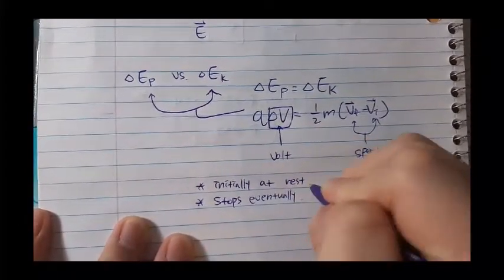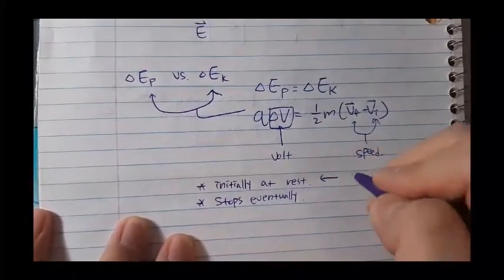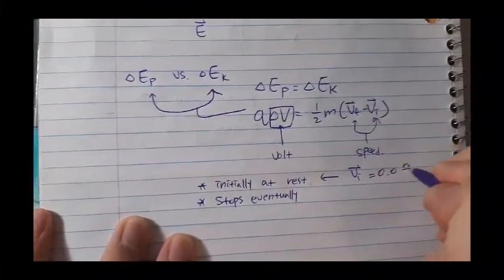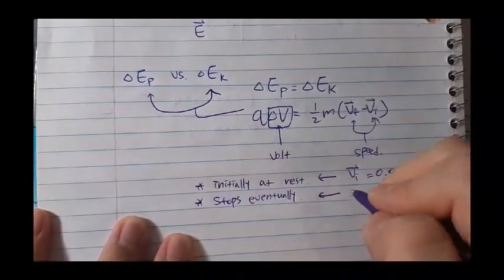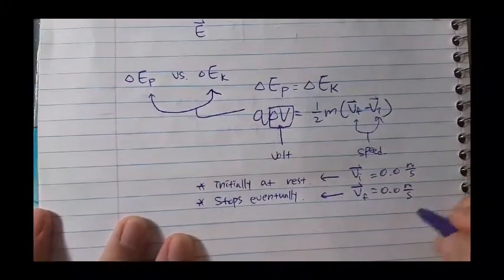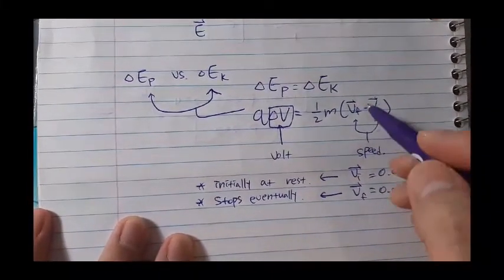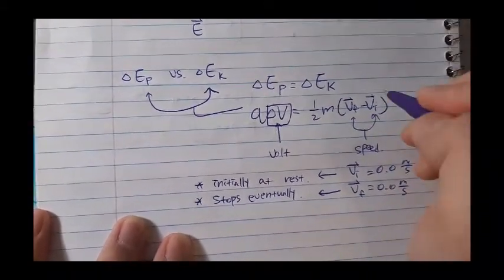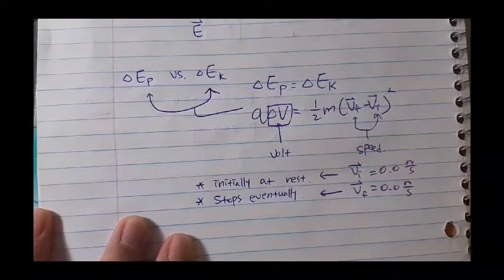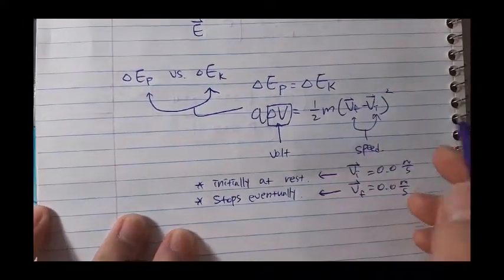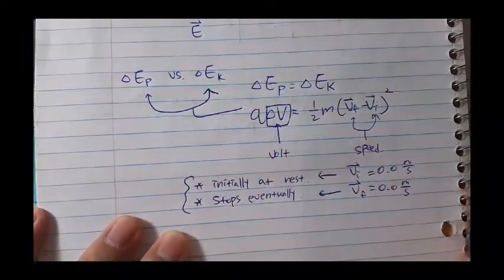I look at these types of clues in detail because initially at rest means my initial velocity is 0, but if I stop, that means my final velocity is 0. Why that plays a huge role is that you may notice some of those terms get canceled out. And by the way, I forgot the 1 over 2 m v squared. So that's why I said it's case by case.